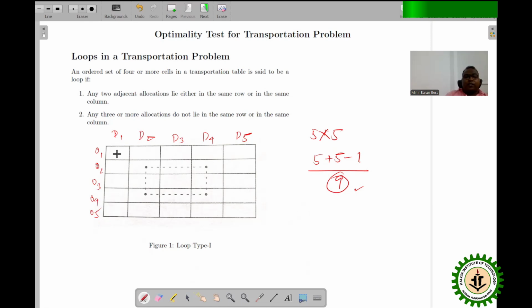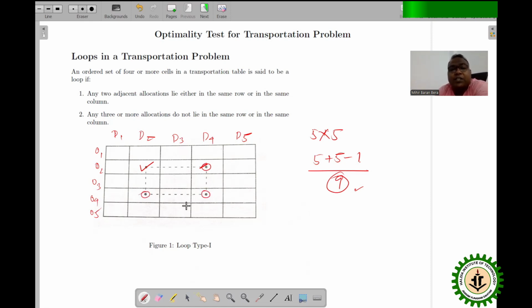So non-occupied cells are also present here, and you have done the optimality test. Let us assume that you got a negative cell evaluation in this cell, and there are allocations in these cells.